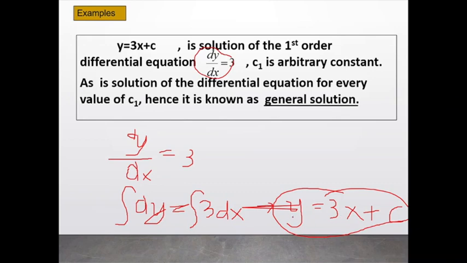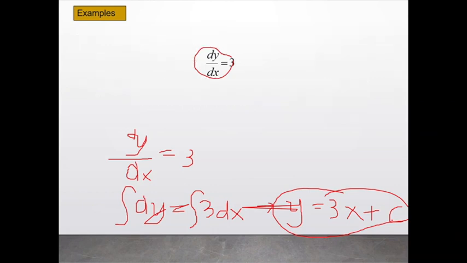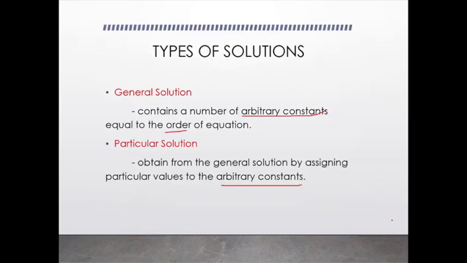If we substitute values for y and x from the given conditions, then we can solve for c, and if we already know the value of c, then it will now be called the particular solution. It's called a particular solution if the arbitrary constant is known or already solved.